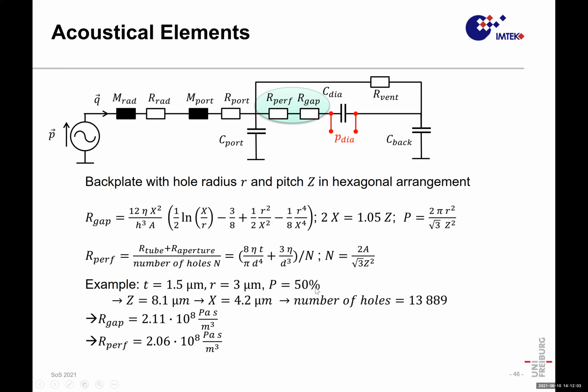So it's like a very open mesh. And I even give the number of holes that we generate here. In this case, we have a gap loss of 2 times 10 to the 8, and the perforation nearly the same value. So even in this balance, losses by perforation and by gap fluidic losses are balanced. It's already quite a wise decision.